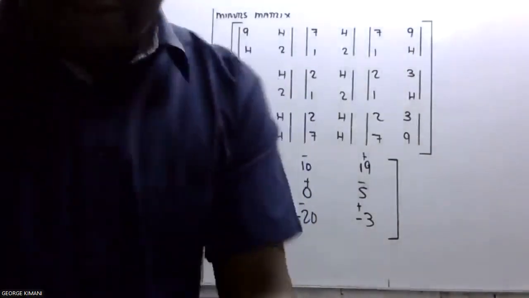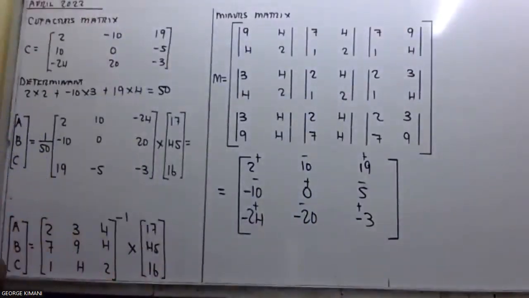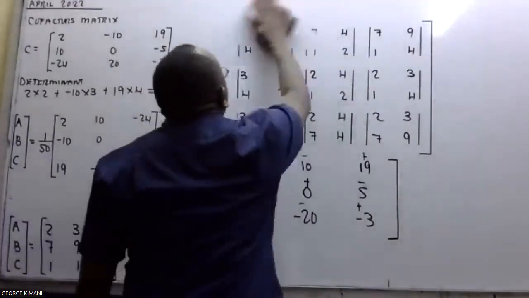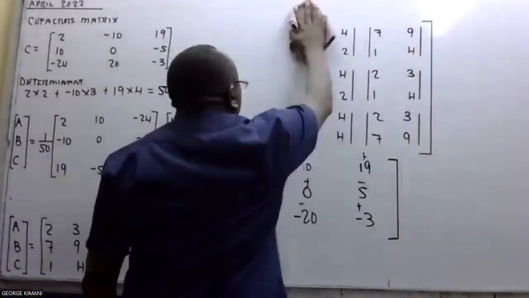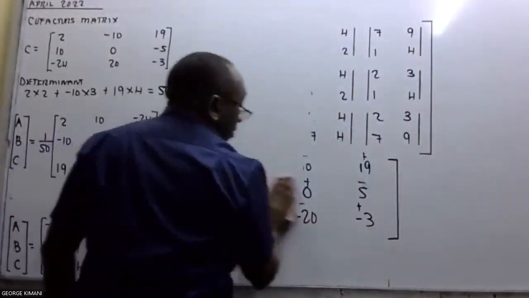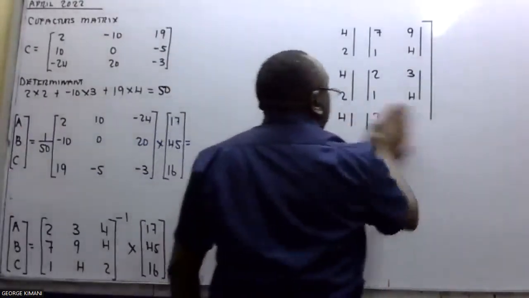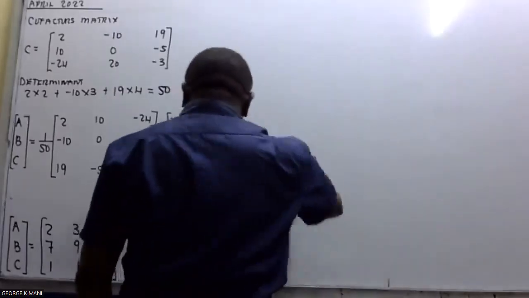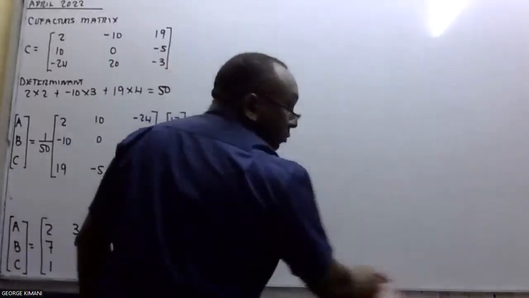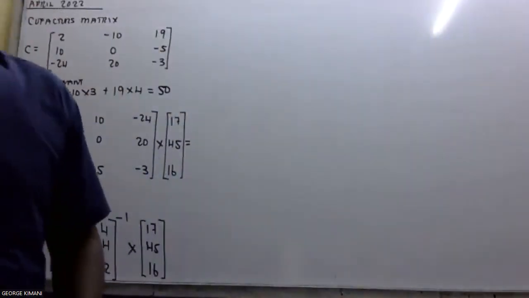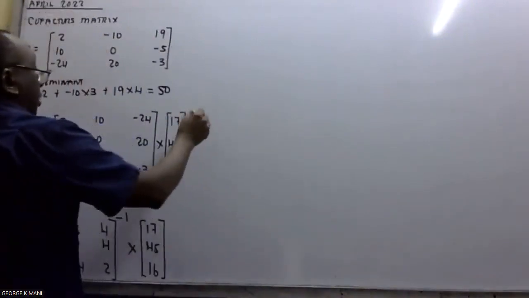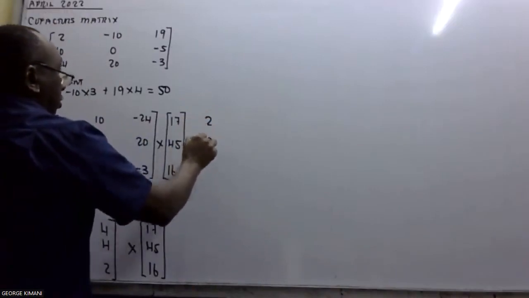What are the answers? The three values. Two, three, one, according to mass. 2, 3, 1.